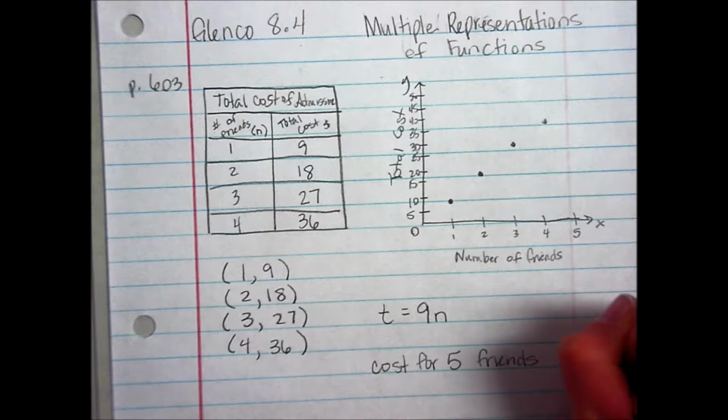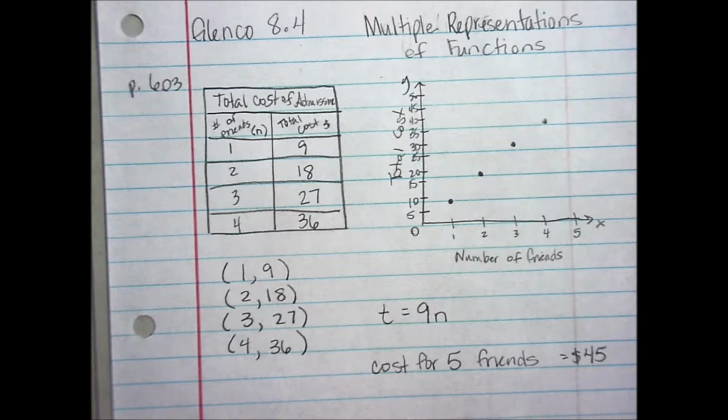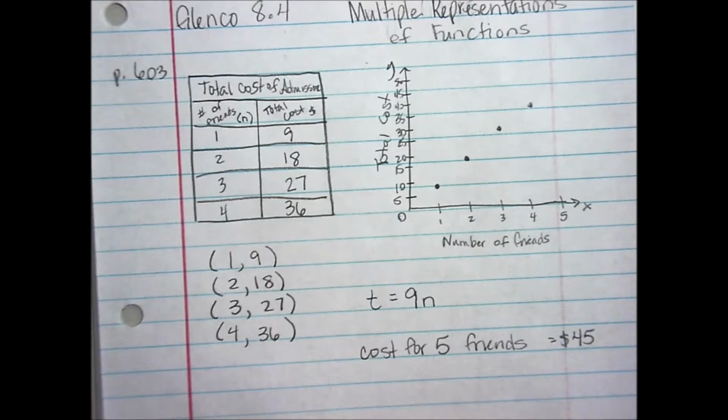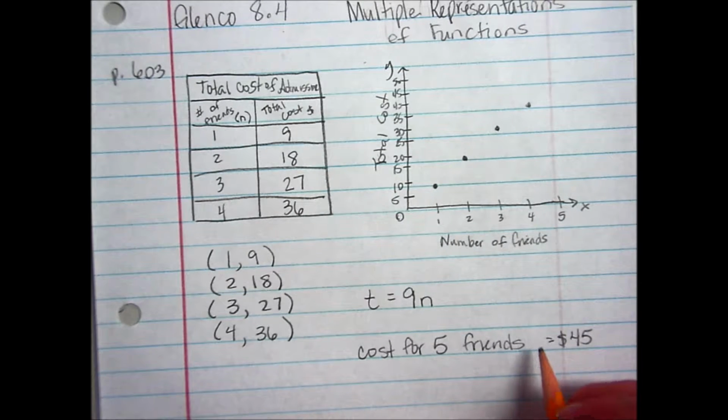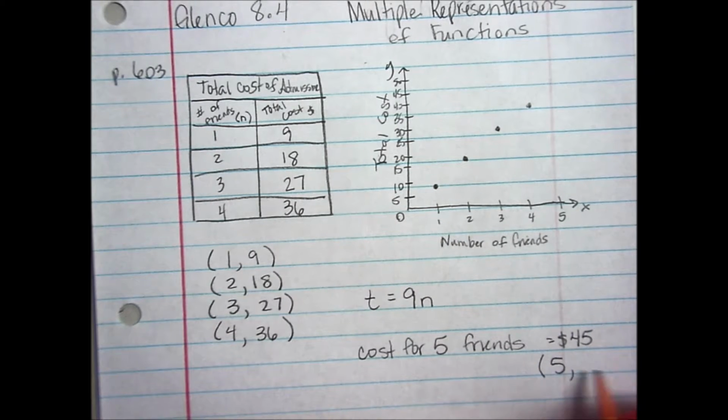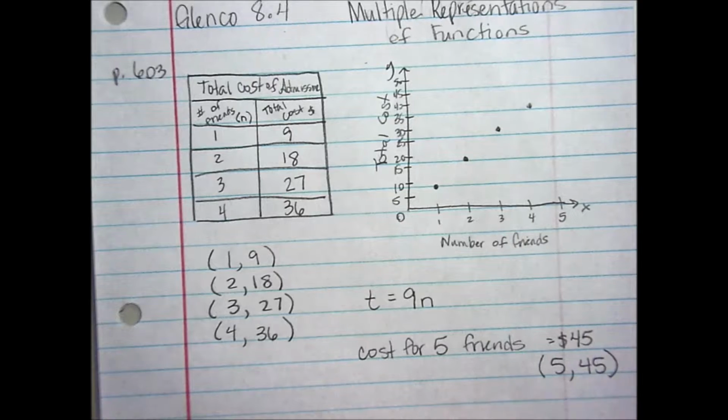So, what would the ordered pair be in this situation? Emma? 5 and 45. Correct.